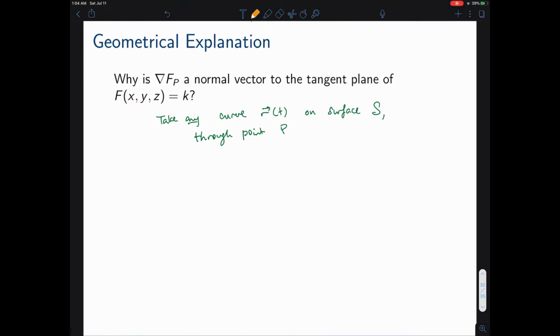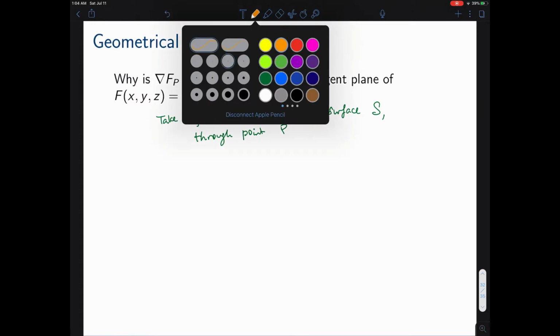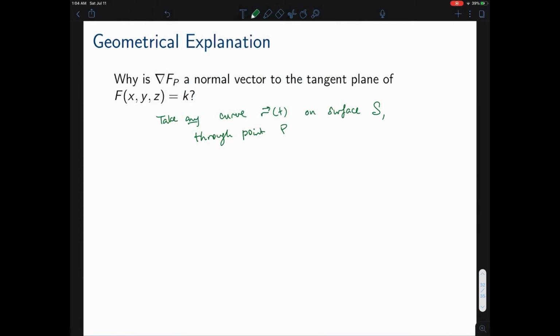Then the idea is to look at the function f of r of t. Well, r of t is in S, means that f of r of t is k, right?